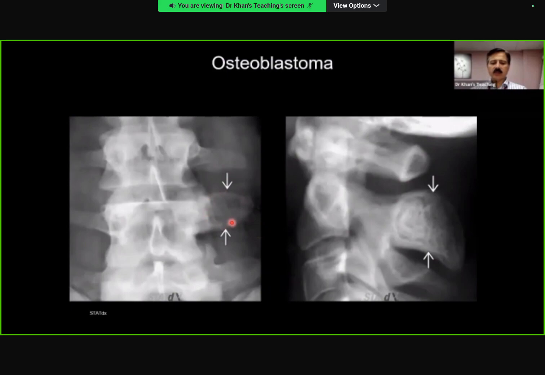this is another example where osteoblastoma is causing expansion of the transverse process. This is another example. And you will agree that in this particular case, the lucency is not complete, and there is a bit of osteoid matrix. So you should not confuse it with an ABC. But if it is completely lucent, of course, then you might confuse it with an ABC.